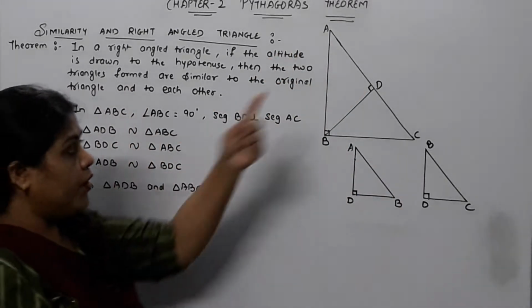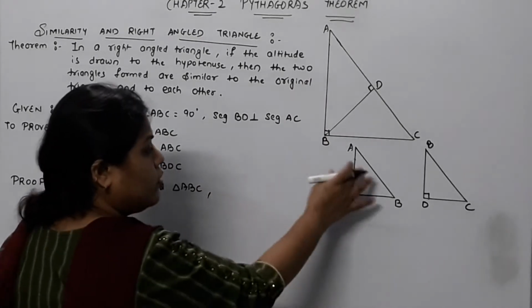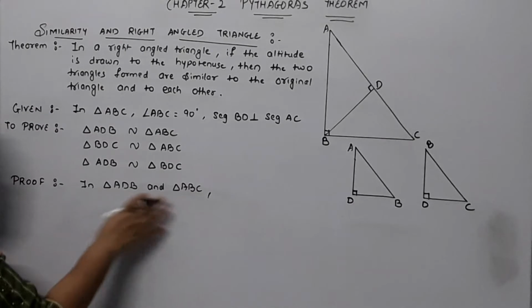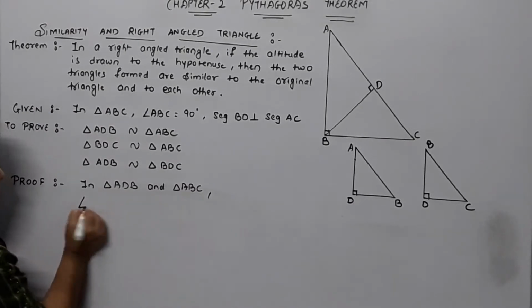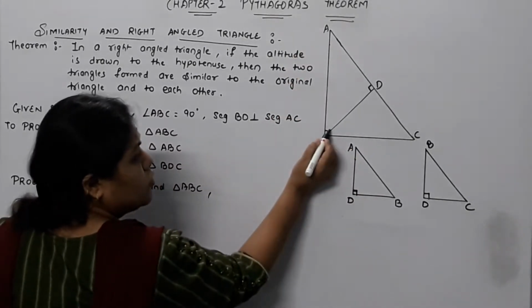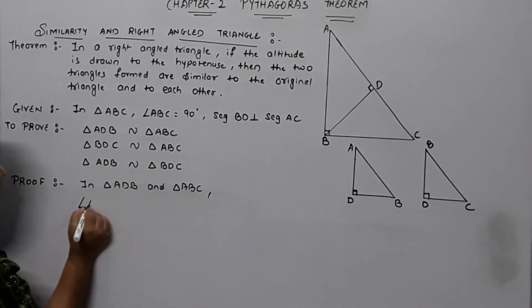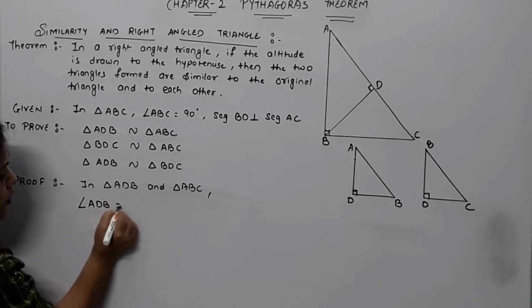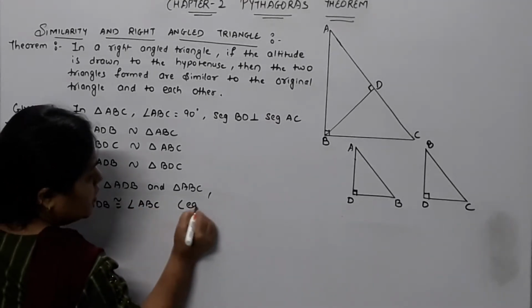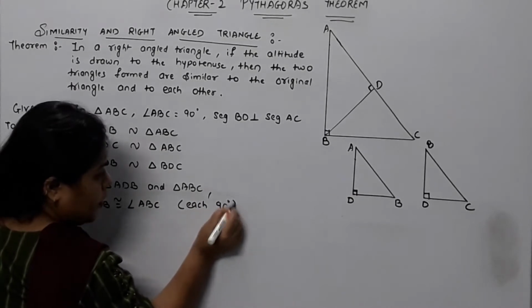Now, to prove it more easily, I have drawn this triangle ADB separately. So, we'll see ADB and ABC. Angle ADB here, it is 90 degree, and angle B is also 90 degree. So, angle ADB congruent angle ABC, reason is each 90 degree.